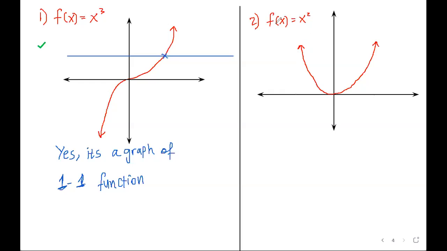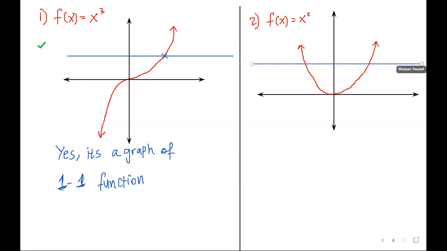Now is this a 1-to-1 function? I have to check by using the horizontal line. This is my horizontal line. Now I move it up. I see this line intersects the curve at 2 points. This is the first point. This is the second point. And the same thing down: first point, second point, and here and here.